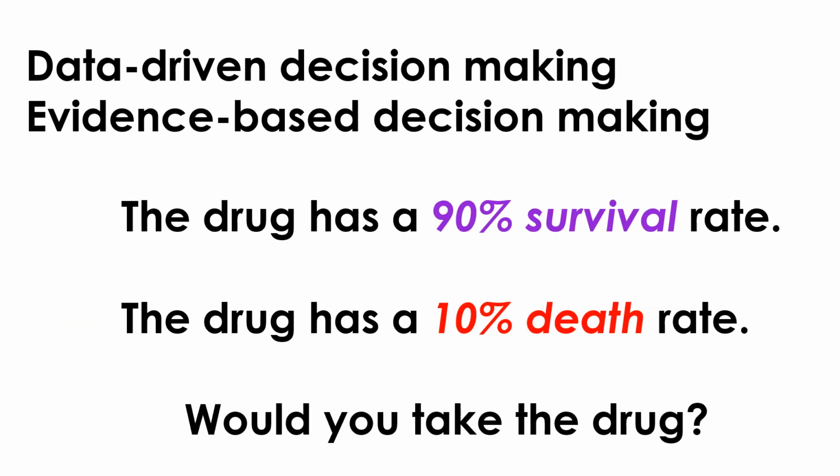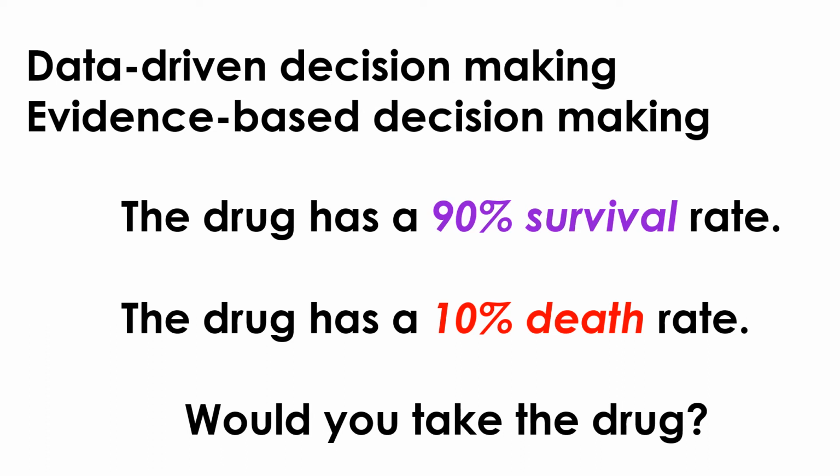Another example is data-driven decision-making or evidence-based decision-making. It assumes that people process the same data and evidence in exactly the same way. This assumption does not hold. In my video about framing effect, I talked about how the options are framed could change people's decision-making. Here is an experiment reported by Tversky and Kahneman in their article titled Rational Choice and the Framing of Decisions.